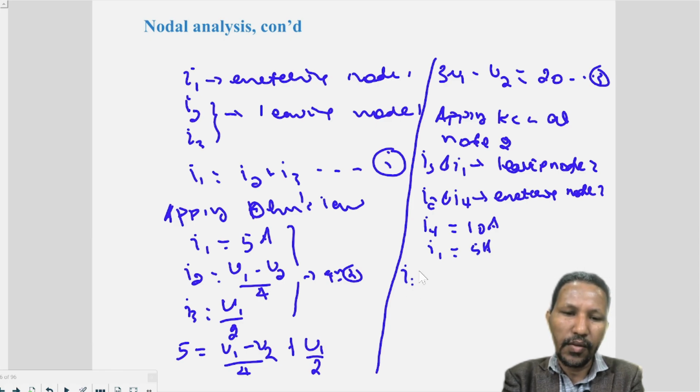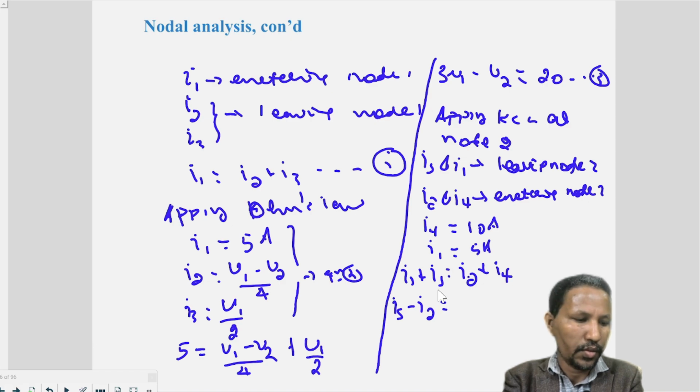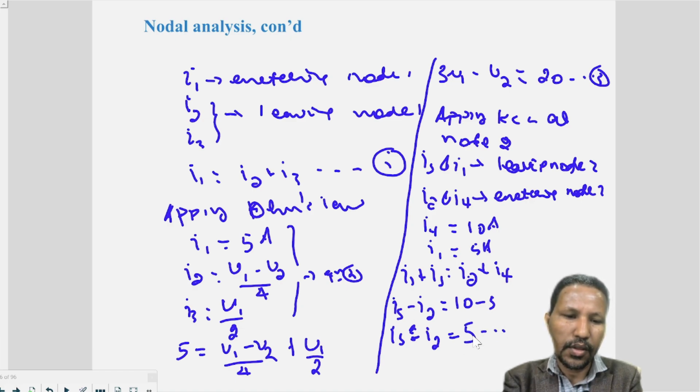So I can write I1 plus I5 equals I2 plus I4. So I5 minus I2 equals 10 minus 5, which equals 5. So this is equation 4.